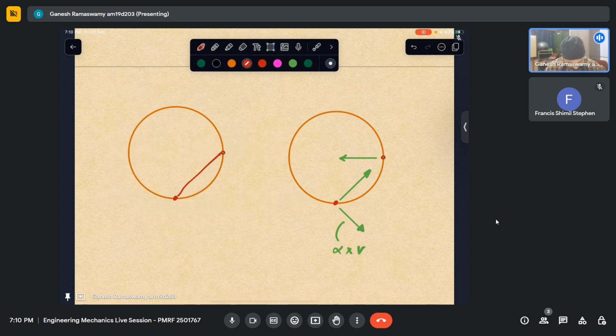See, this is my position vector. Okay. So this is R, sorry, A with respect to O. This is O, this is A.